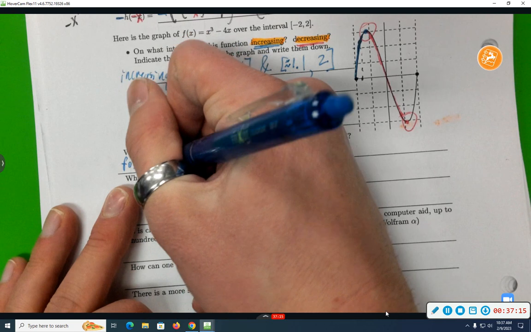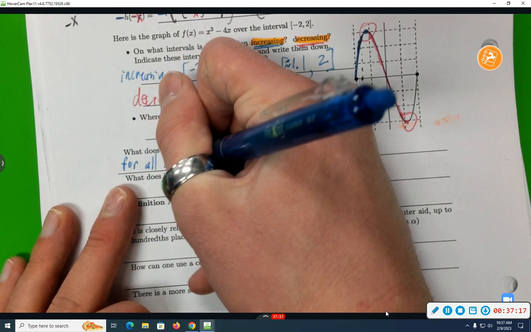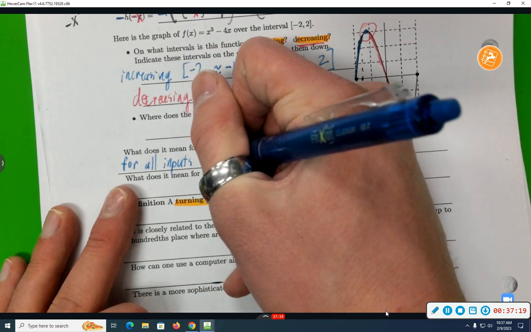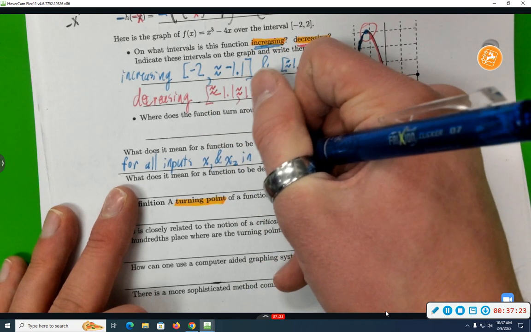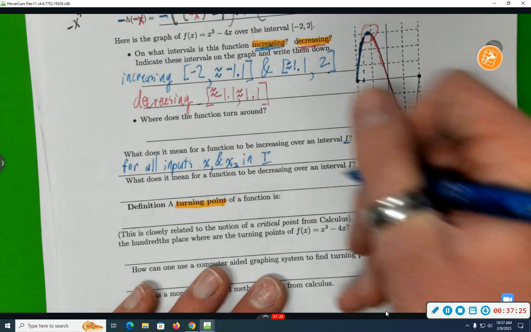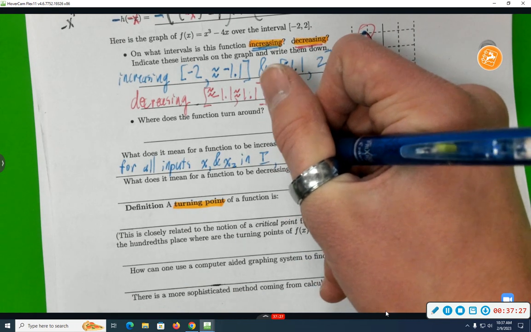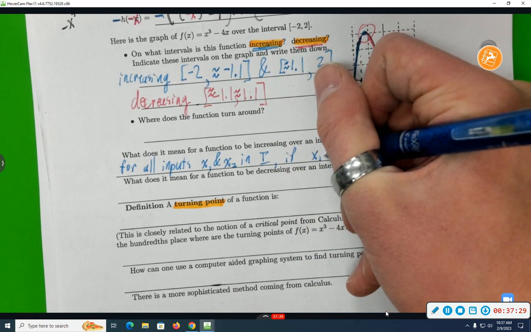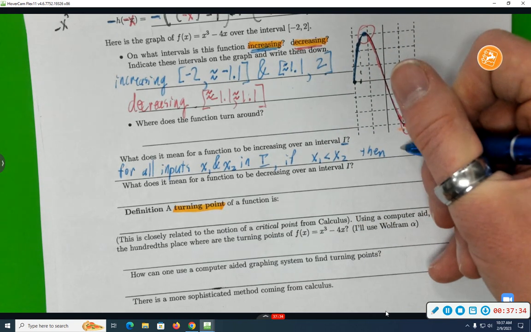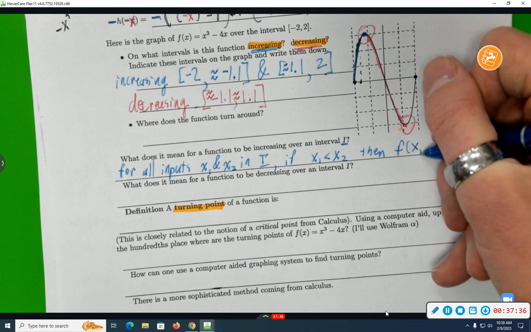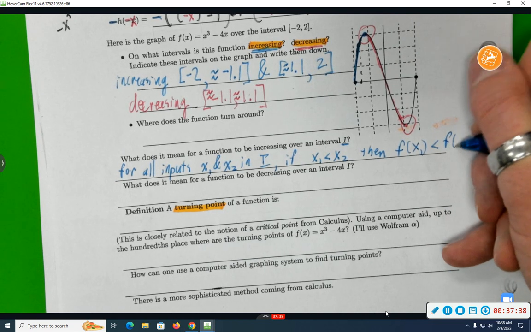For all inputs x1 and x2 in that interval, this I is an interval, if x1 is less than x2, then the resulting y values satisfy the same inequality: f of x1 is less than f of x2.